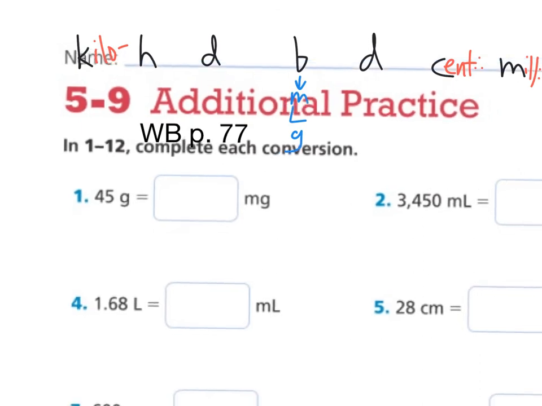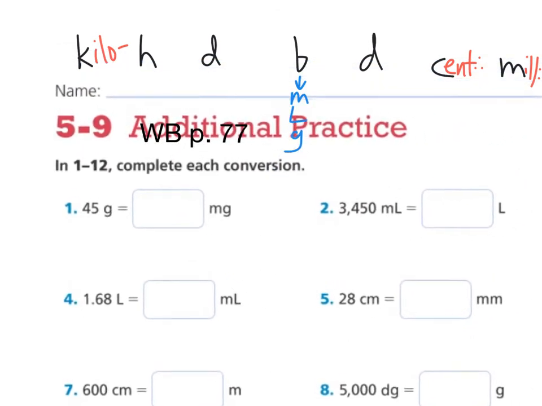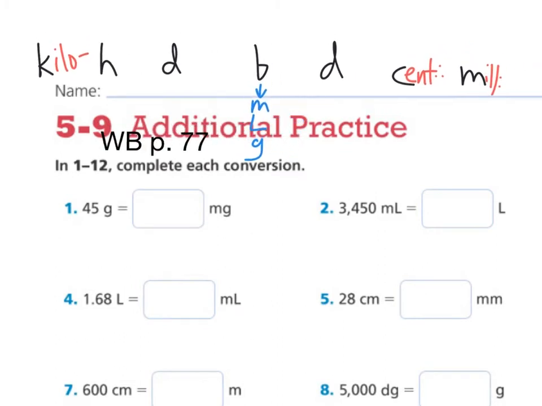If we're looking at number 1, we have 45 grams, and they're asking how many milligrams that is. So we're starting with grams, going to milligrams. I'm just going to use a pointer here so we don't have to erase this every time.